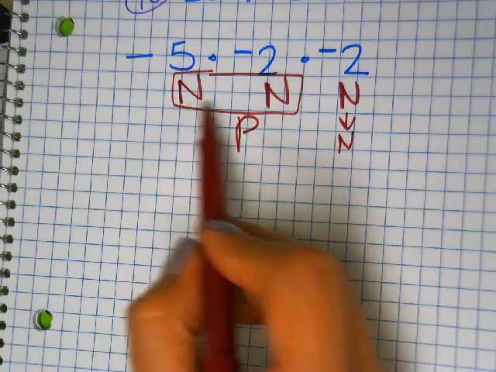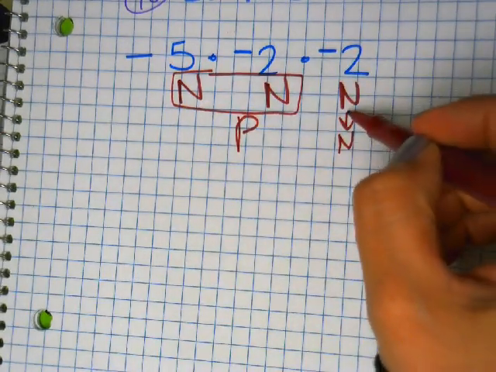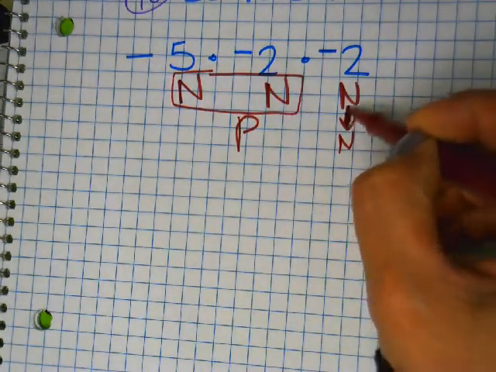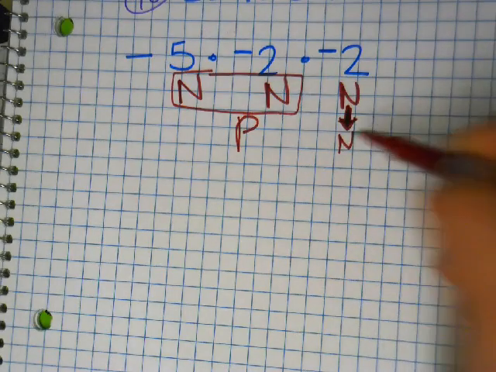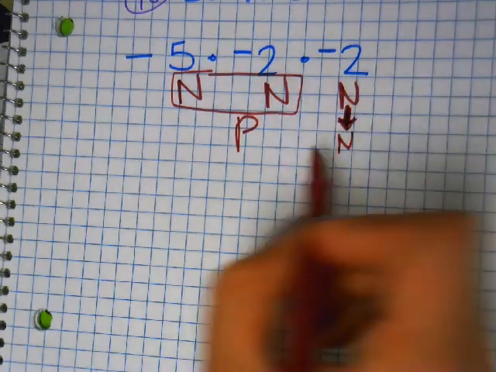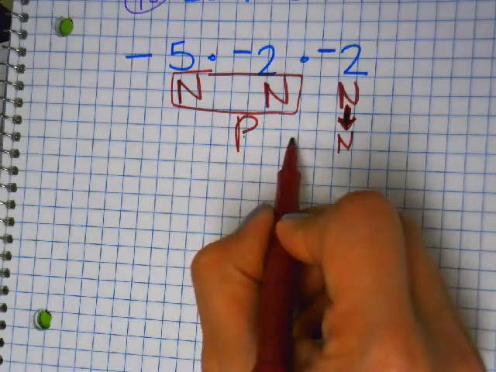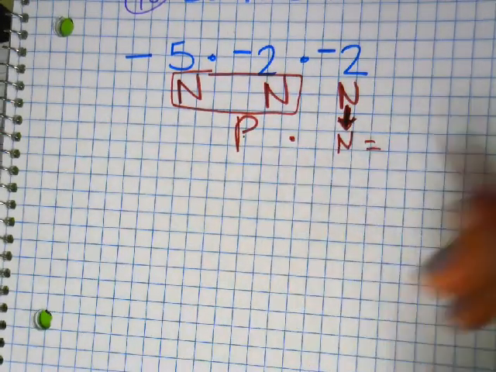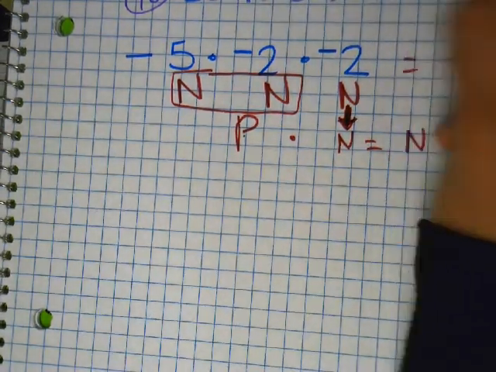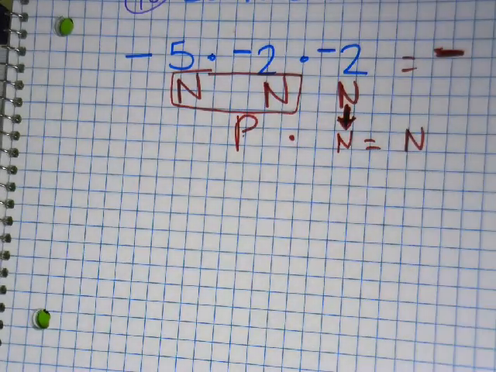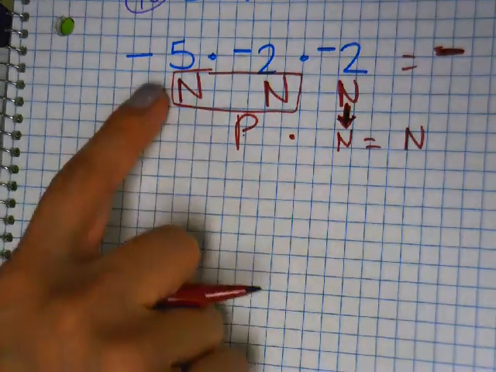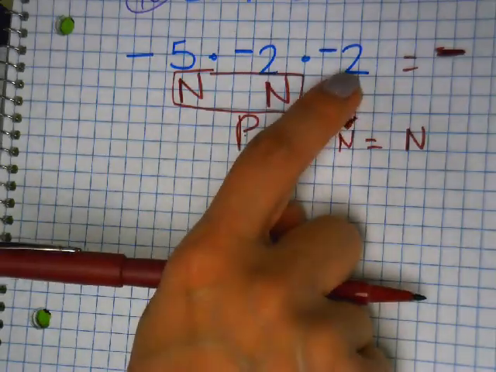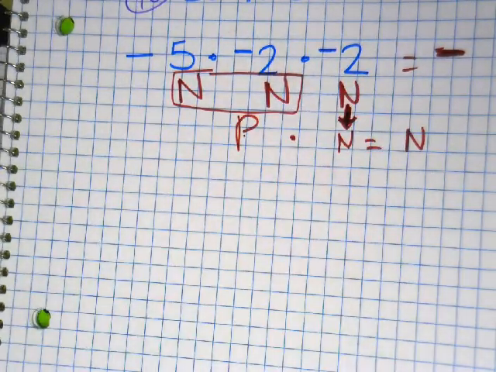This one, I can't do anything with it, so I just bring it straight down as a negative. Now I have these two. What does a positive times a negative equal? Negative. So therefore my answer is going to be negative.